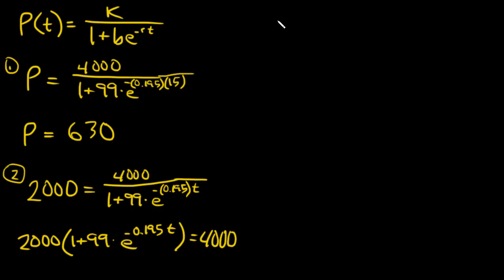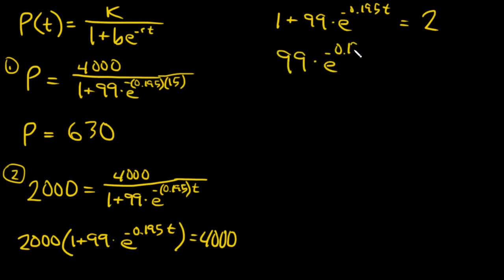Divide out, I'm going to wind up with 1 plus 99 times e to the negative 0.195 t is equal to 2. Subtract 1, 99 times e to the negative 0.195 t is equal to 1.